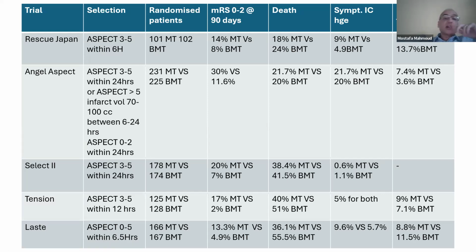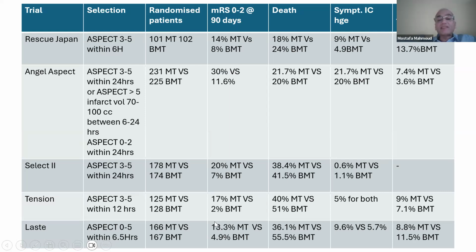So the longest ones were ANGEL-ASPECT and SELECT2. And look at the mRS 0 to 2 at 90 days, completely or relatively independent patients: 14% for mechanical thrombectomy in RESCUE-Japan, 30% in ANGEL-ASPECT, SELECT2 20%, TENSION trial 17%, and look at LASTE, 13%.